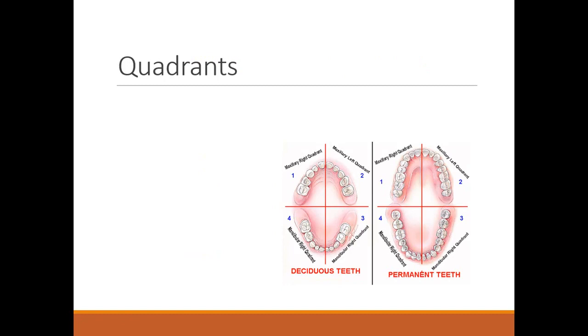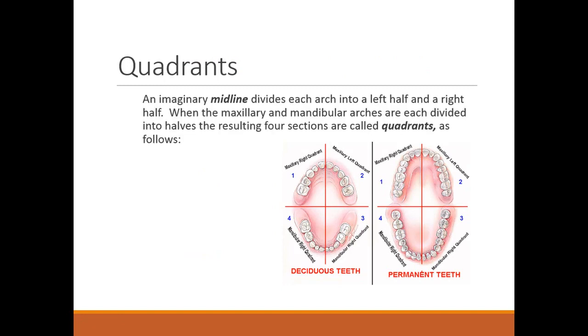Quadrants. This is going to explain the quadrants of the mouth. An imaginary midline divides each arch into a left half and a right half. So this imaginary line is called the midline. When the maxillary and mandibular arches are each divided, so you have the upper maxilla and the lower mandible, when they're divided into 2 halves, this results in our 4 sections called our quadrants.